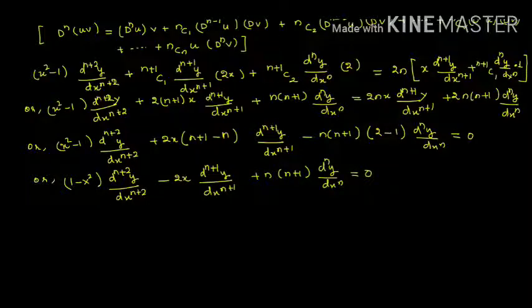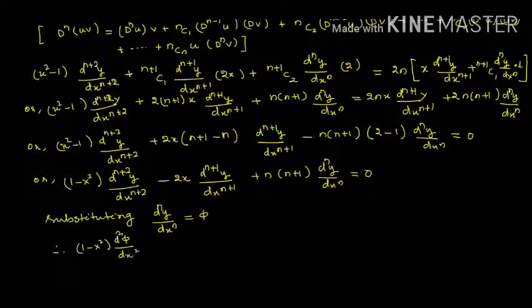Now substituting dn y by dxn is equal to phi. Therefore 1 minus x square into d square phi by dx square minus 2x d phi by dx plus n into n plus 1 into phi is equal to 0.